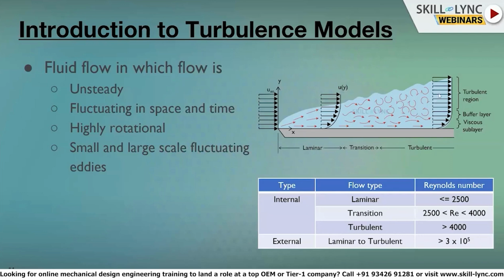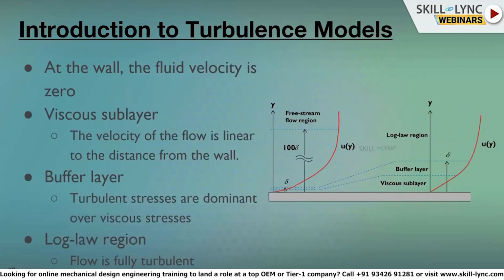Then we have a turbulent boundary layer profile. All of you might have studied that in your BTech and MTech courses. There is a region very near the wall, the near wall region, which is called the viscous sublayer, and above that there is a layer called the buffer layer, and on top of that there is a region called the log law region.